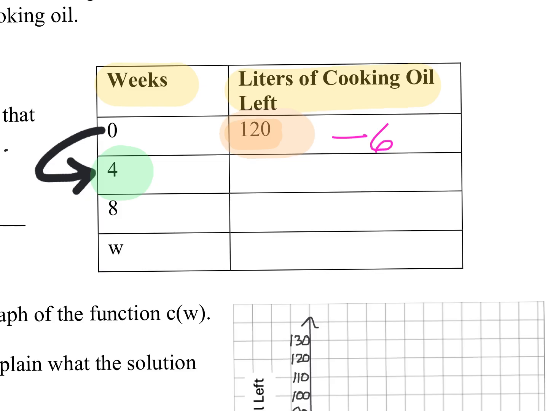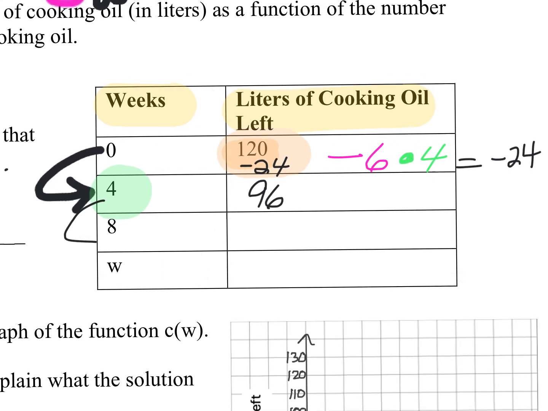So if 4 weeks has gone by, we're going to do -6 times 4, which means between week 0 and week 4, they've used 24 liters. So we need to take 120 and subtract 24, which leaves us with 96.